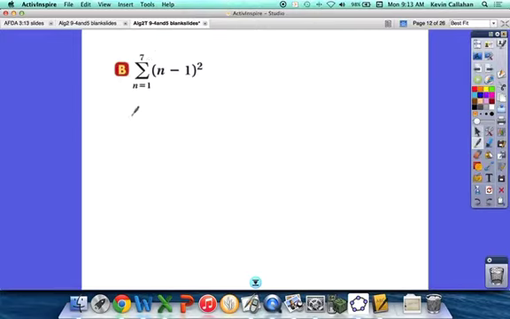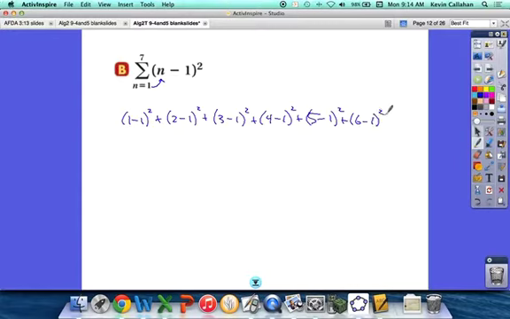So this one would be, the first term will be what I get when I plug in n equals 1, right? 1 minus 1 squared plus 2 minus 1 squared plus 3 minus 1 squared plus 4 minus 1 squared plus 5 minus 1 squared plus 6 minus 1 squared, started at 1, ends at 7, plus 7 minus 1 squared. And then simplify, right?